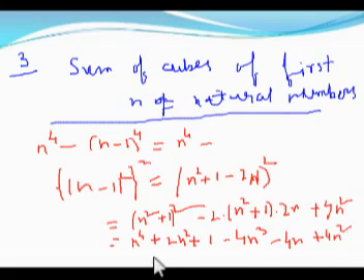Now there will be one subtraction, another term will remain. So this will be minus n4, and then it will be minus 4n cube, this will be plus 4n cube.